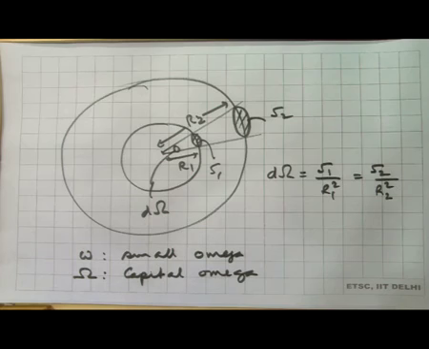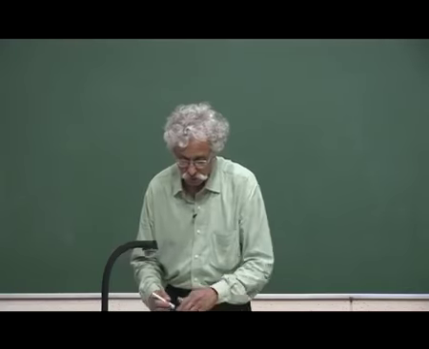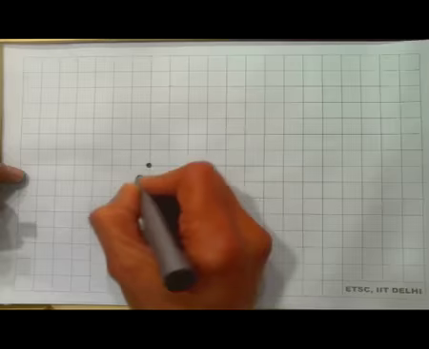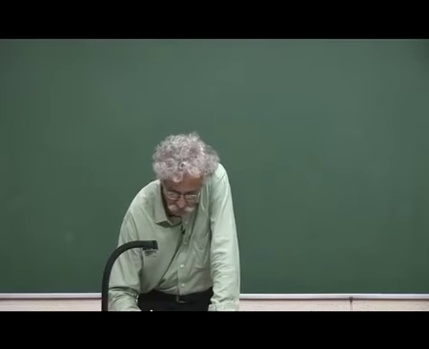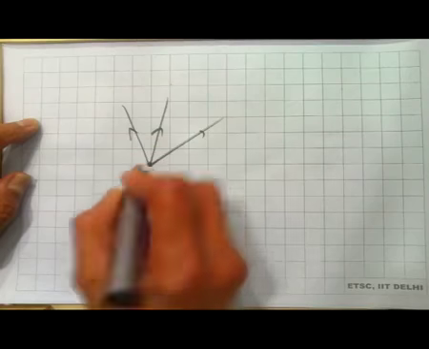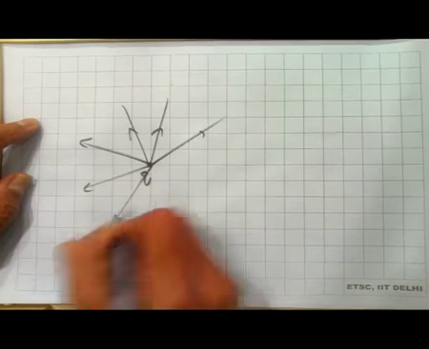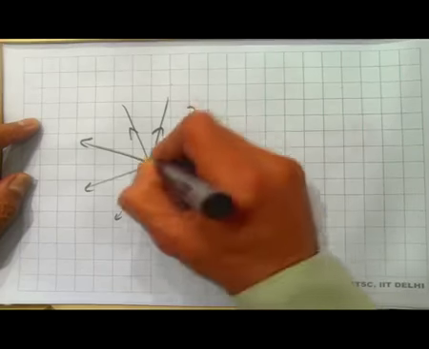Now, let me imagine that I have a point charge located at this point. We have already seen electric field lines earlier. If it is a positive charge, these field lines come out radially away from the point charge. Let me draw more lines here.